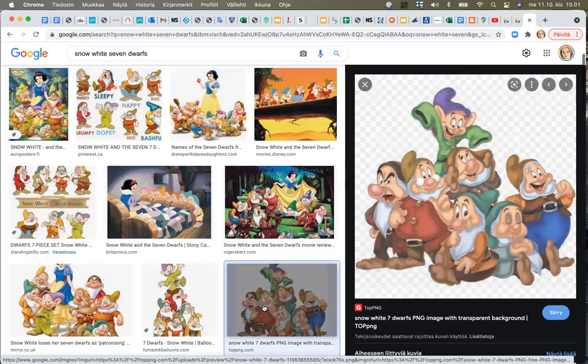So for small children, especially, this is very clear. But I think animation and feature film animation has evolved a little bit in the previous 100 years or 90 years.